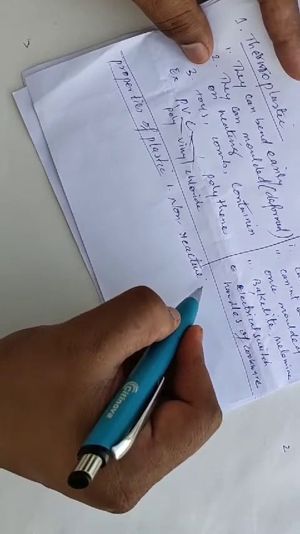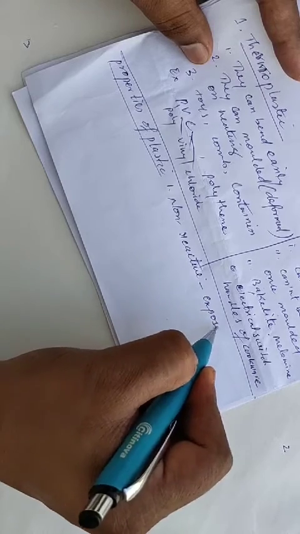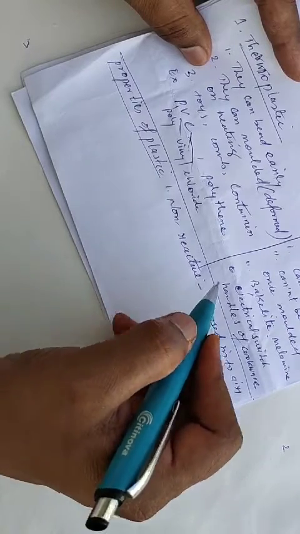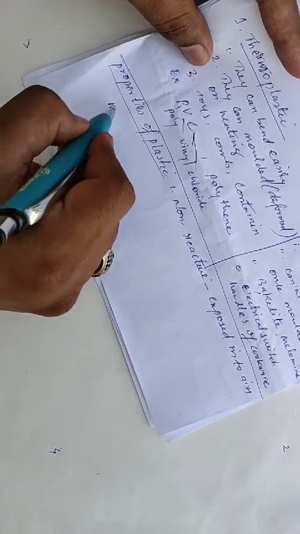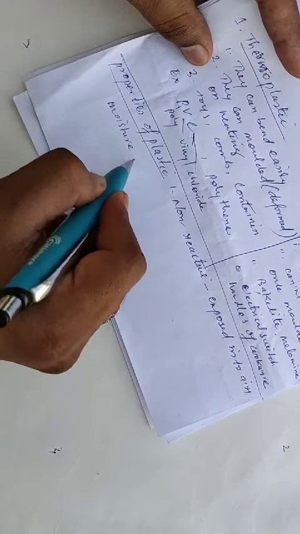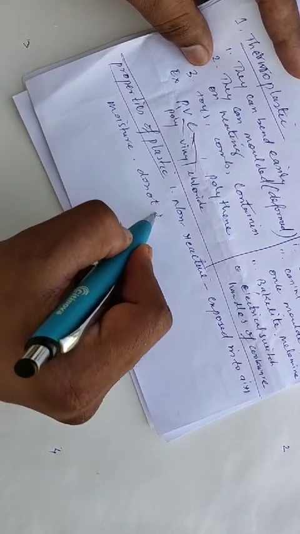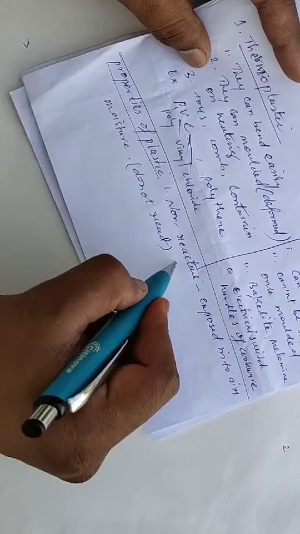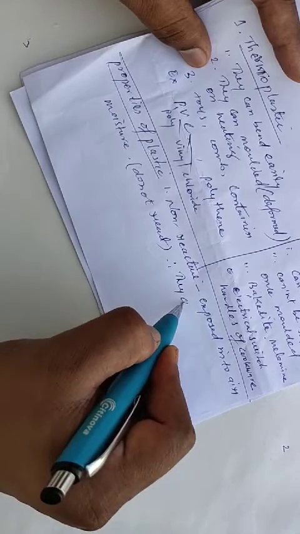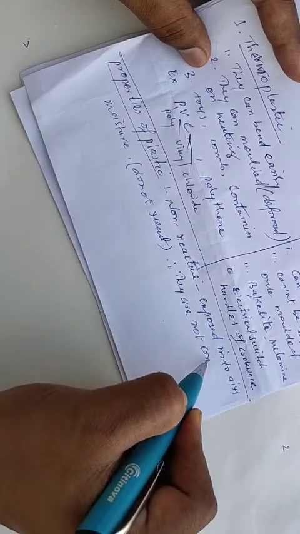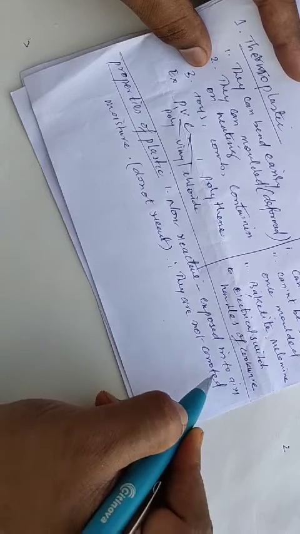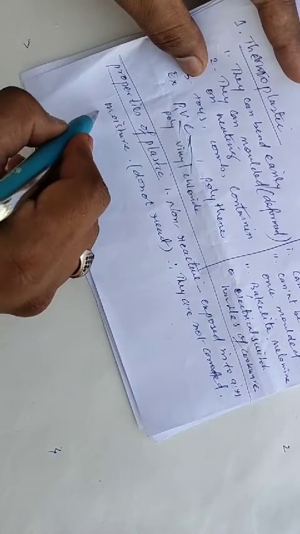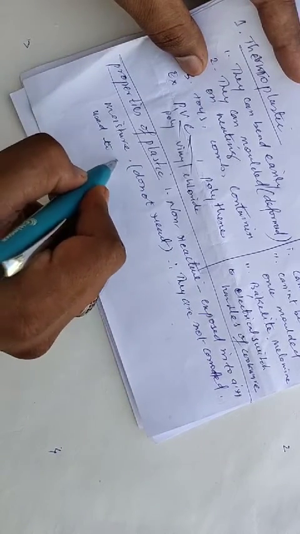That means if the plastic container is exposed to air or moisture, they do not react with the air and moisture, and therefore they are not corroded. They do not rust.